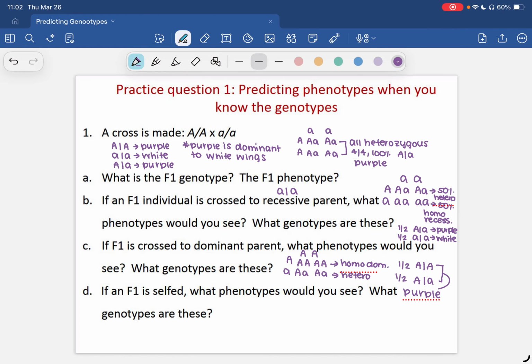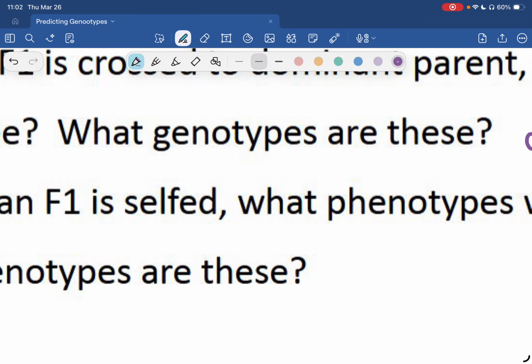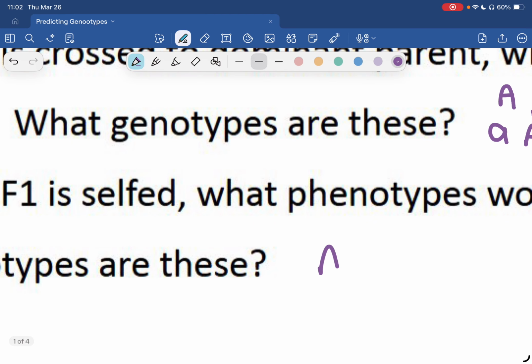Okay, and then the last one, if F1 is selfed, what phenotypes and genotypes would you see? Remembering that selfing is just crossing it times itself. So F1, you would basically just be doing a heterozygous individual times another heterozygous.